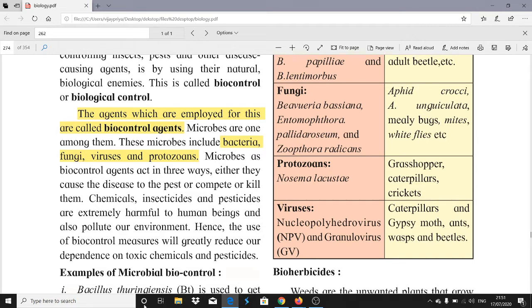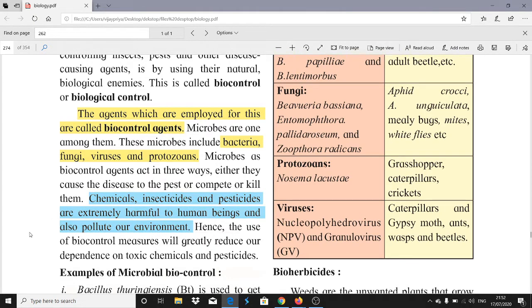Microbes as biocontrol agents act in three ways: either they cause disease to the pest, or compete with or kill them. Chemicals, insecticides, and pesticides are extremely harmful to human beings, and they pollute the environment. So they imbalance the environment, in short.